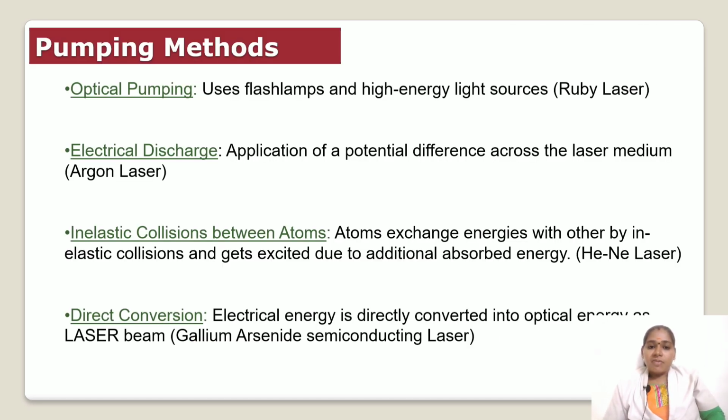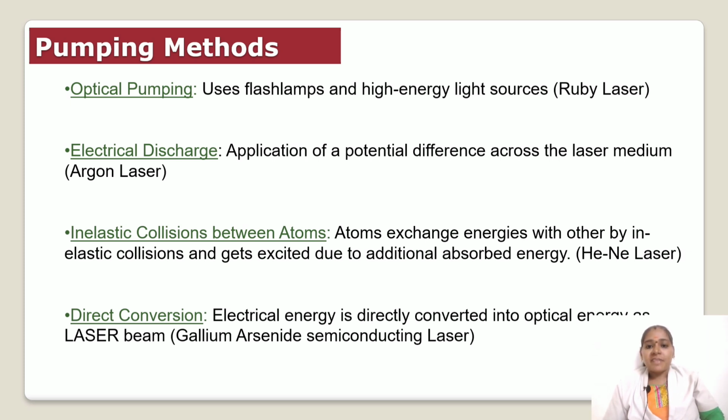Pumping methods. For artificial pumping methods, we need the active medium and active center. Active medium means the medium in which the population inversion takes place. Active center means the material in which the atoms are raised to the excited state to achieve population inversion.